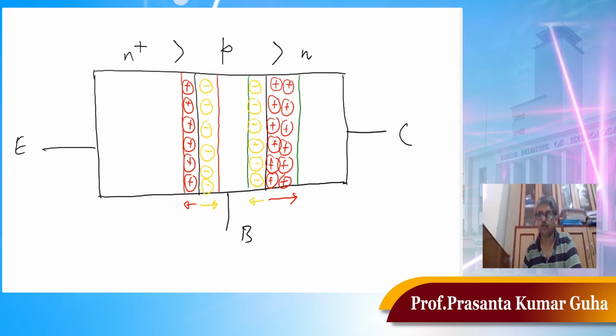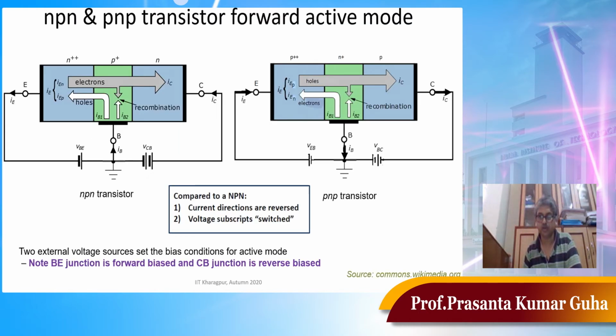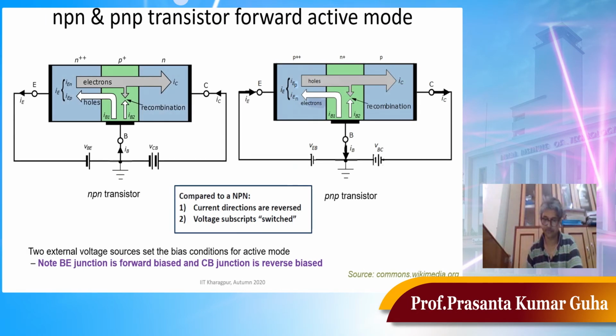We were discussing this particular slide at the end of the last class, where we tried to convey what the current components present in a BJT are.